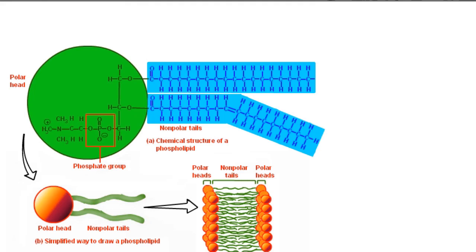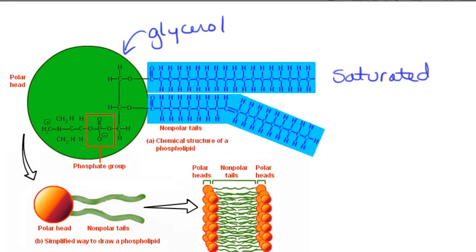Here we have a look at how this is all going to fit together. So right here, we can see our glycerol backbone. That was where the glycerol was at. What's shaded in blue here, that was the 2 fatty acid tails. Now notice that we can have fatty acid tails that are different from each other. In this example, we've got one that's saturated up here, and we know that it's saturated because we do not see any double bonds inside here.